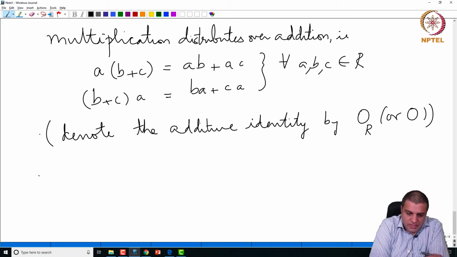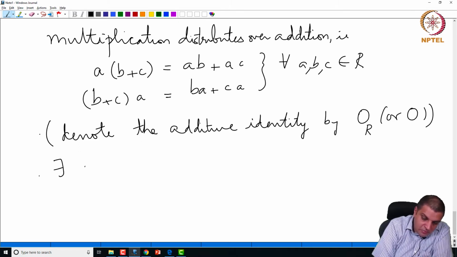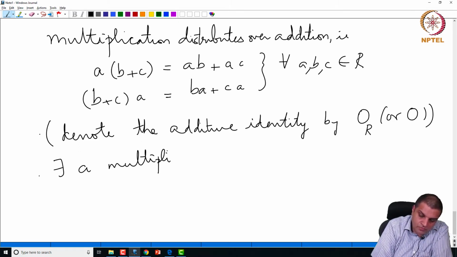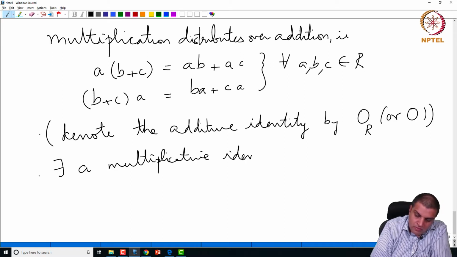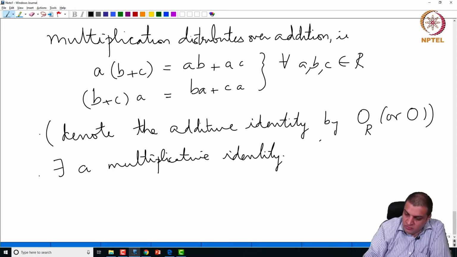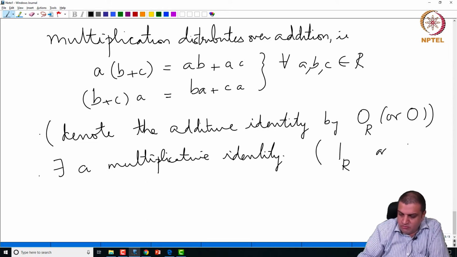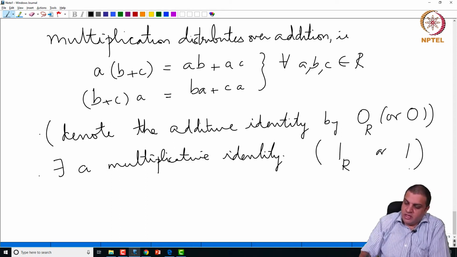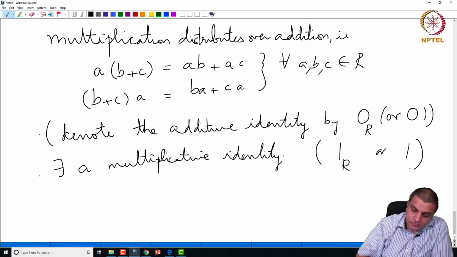And there exists a multiplicative identity, which we denote by 1 sub R, or just 1, if there is no confusion as to which ring we are talking about.